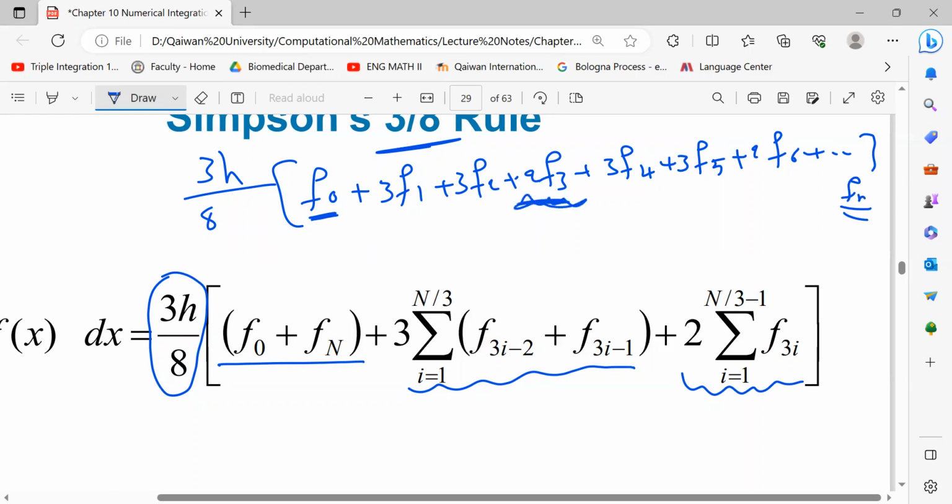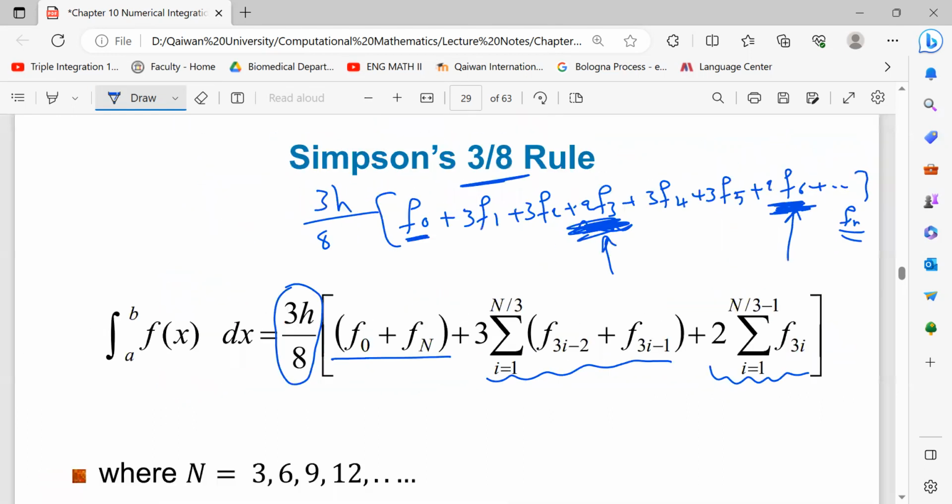The multiples of 3, f3, f6, f9, f12, are multiplied by 2, and the others are multiplied by 3. Okay, all the multiples of 3 are multiplied by 2, and the rest multiplied by 3. That's it. This is the rule.